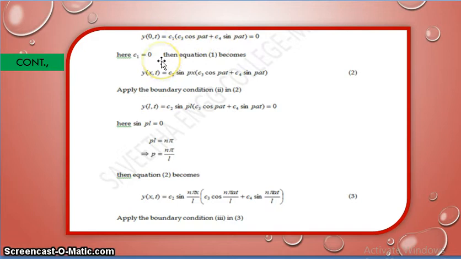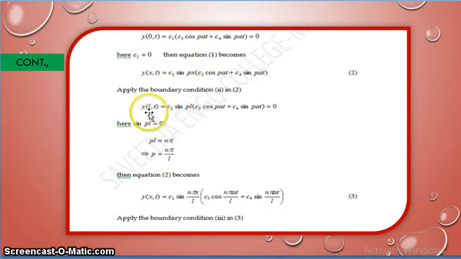Substitute c1 equal to 0 in equation number 1. So we get y of x comma t equal to c2 sin px into c3 cos pat plus c4 sin pat. We take this as equation number 2. Next we apply equation number 2 in condition number 2.